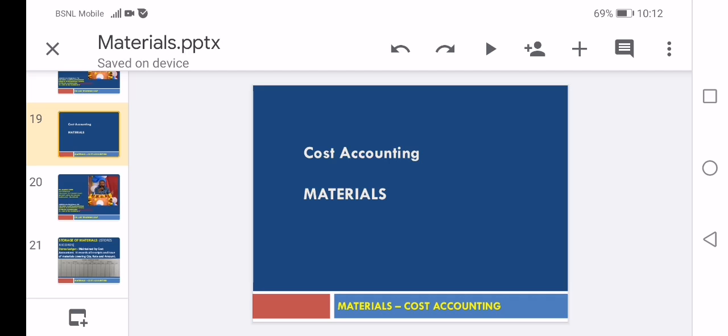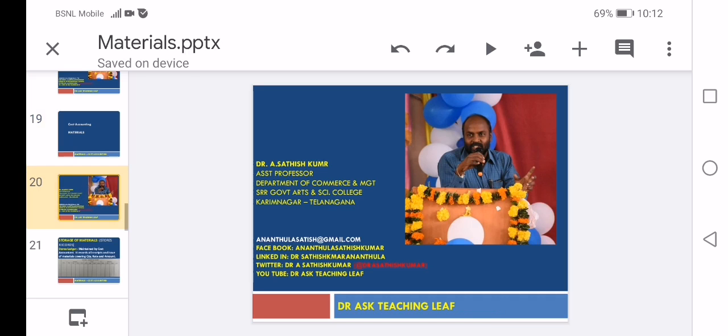Now today we start learning from the stores ledger. Apart from stores ledger, we also cover purchase procedures, economic order quantity, and stock levels, which includes minimum stock level, maximum stock level, and so on.